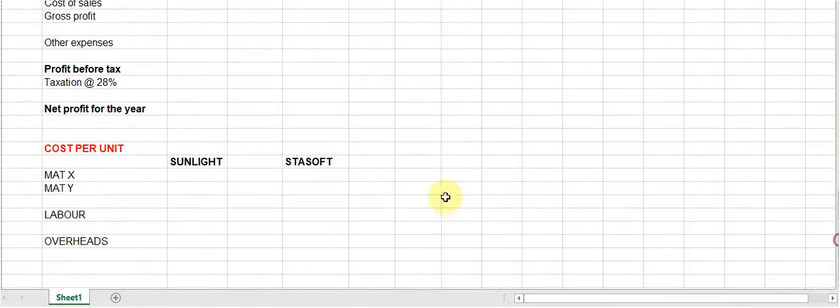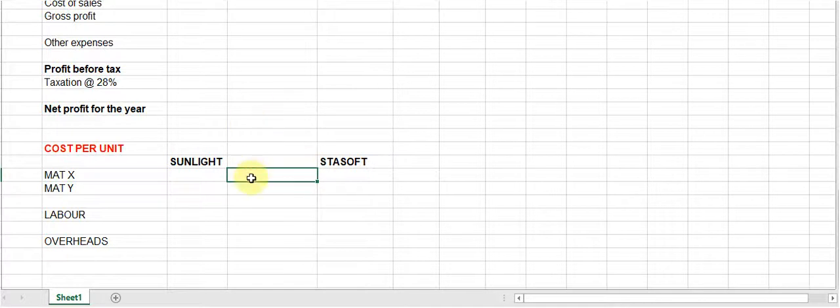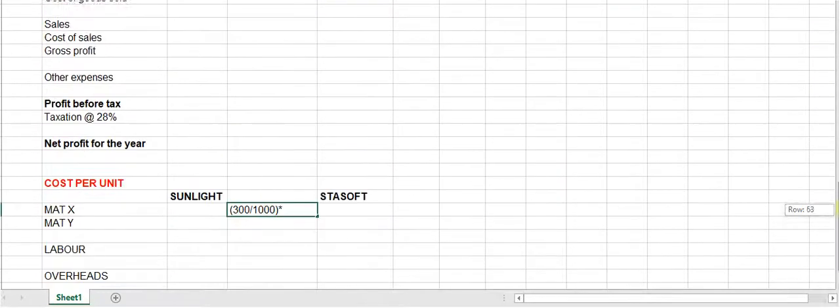So to do this calculation, I need it in liters because I am working with a price in liters. For material X, it's going to be 300 milliliters divided by 1,000 so that I can get it to be liters, and then I'm going to times that by the new price, which is R3.85.